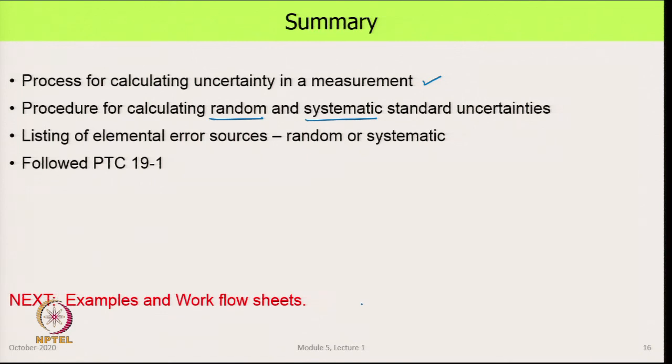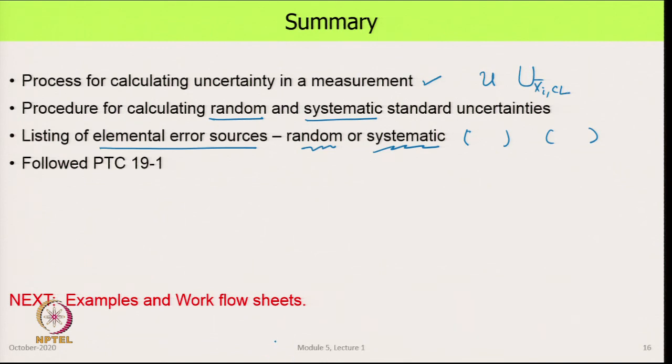We saw how we could get those uncertainties from elemental error sources for both random and systematic error sources. And finally, we got the relation by which we can combine these for both of them, random and systematic, and get what we were looking for, which is u x i bar comma CL.